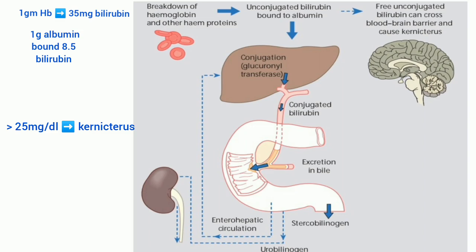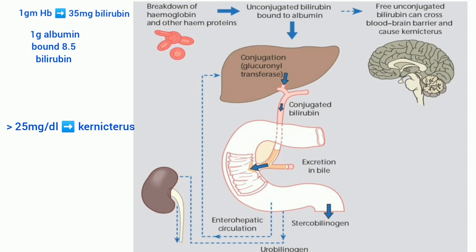This unconjugated bilirubin, which is bound to albumin inside the liver, undergoes a conjugation process with glucuronic acid by an enzyme called glucuronyl transferase to produce the conjugated type of bilirubin, which is characterized by water solubility and lipid insolubility. It is transported through the biliary tract to reach the intestine, in which it breaks down into stercobilinogen, urobilinogen, and unconjugated bilirubin, which enters the enterohepatic circulation to be remetabolized inside the liver.